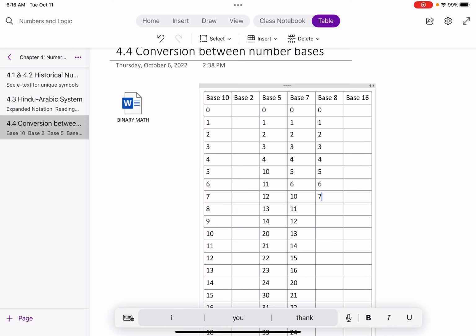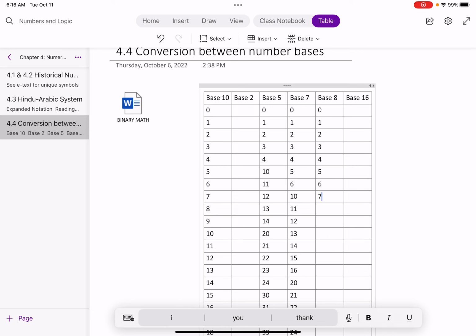We're going to start the same way we always do. 0, 1, 2, 3, 4, 5, 6, 7, 8, 9. Now here's the problem. If I go to 10, technically, as we've been doing these, that is where we start over. But I can't start over because I haven't gotten all the way to 16.